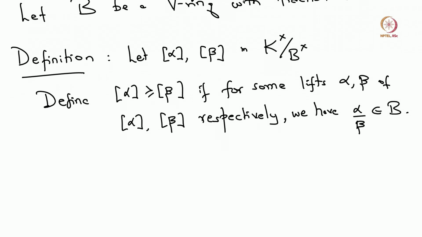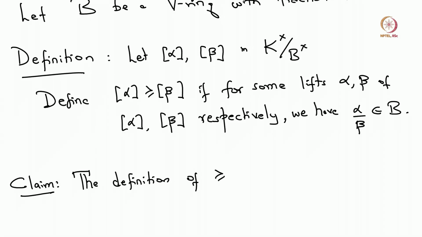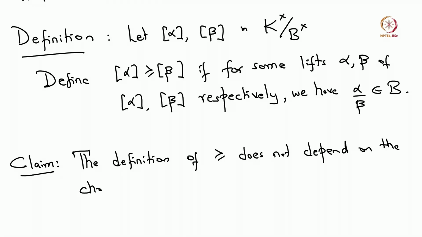Okay, this is just a definition, and the first thing I want to check is that this definition doesn't depend on the choice of lifts alpha and beta. So the definition of this order does not depend on the choice of lifts alpha and beta of square bracket alpha and square bracket beta respectively.